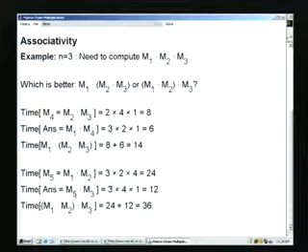Now, M5 is 3 by 4, so its P and Q are 3 and 4. M3 is 4 by 1, so Q and R are 4 and 1. So, this product requires time 3 times 4 times 1, or 12. The total time for this way of doing things is therefore 24 plus 12, which is equal to 36. So, clearly this first way is better.